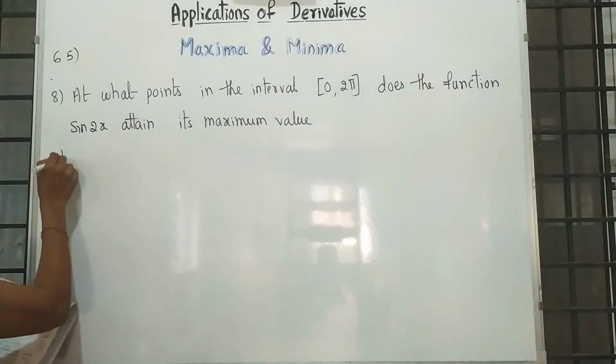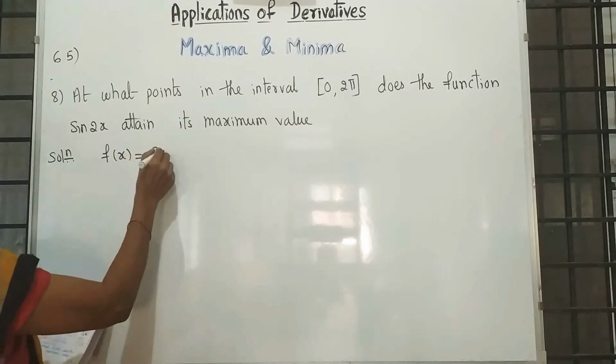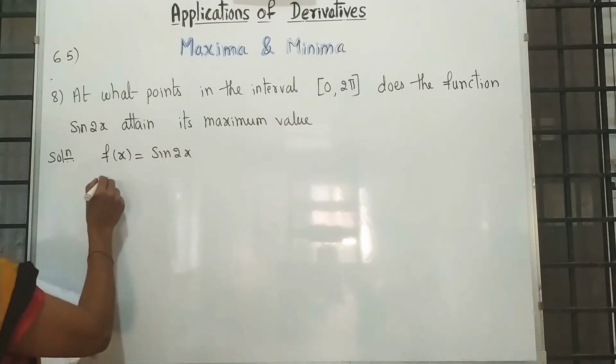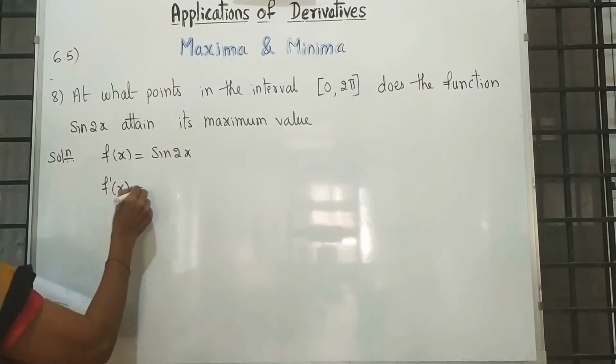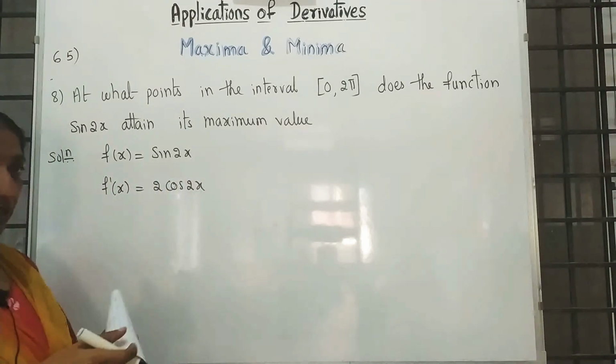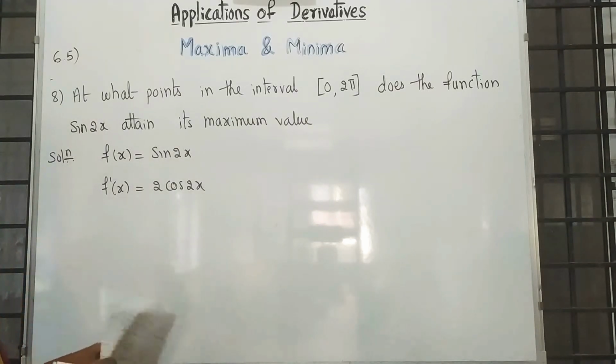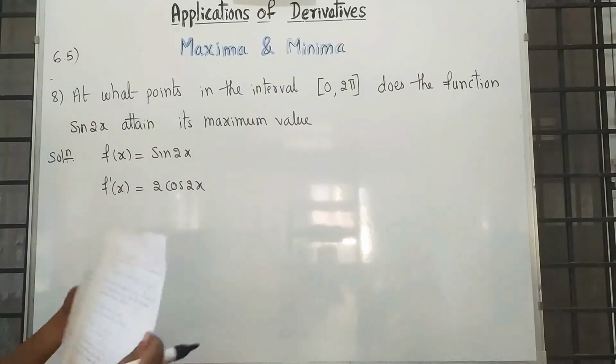So it is very simple. f of x is equal to sin 2x. f dash of x is equal to 2 into cos 2x. To get the maximum value and minimum value, we have to equate the first derivative with 0.